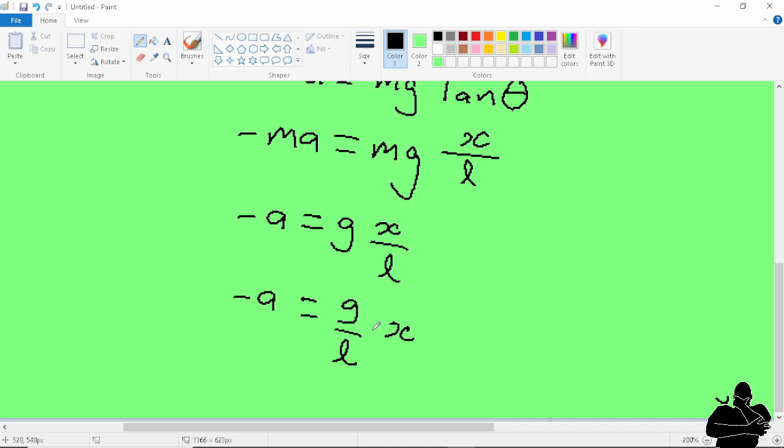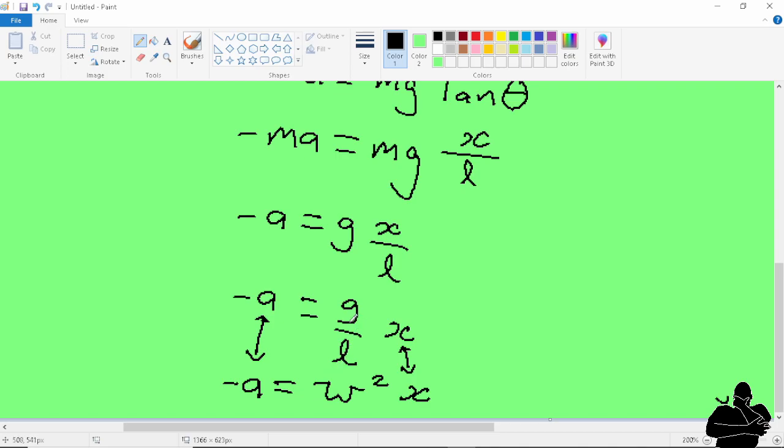Now, simple harmonic motion has a formula for the restorative acceleration. The restorative acceleration in simple harmonic motion, negative a, is equal to omega squared times x. Now, x is the same here and there, and a is the same there and down here.